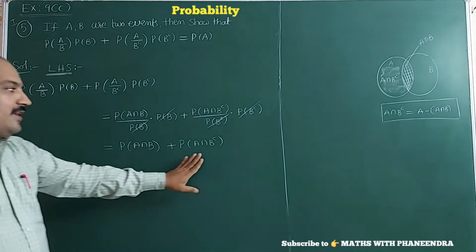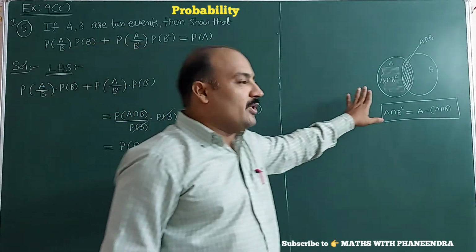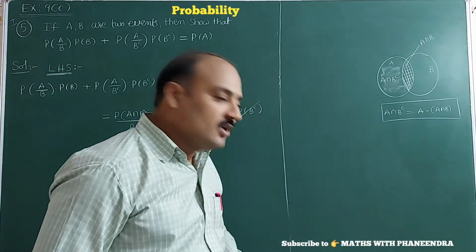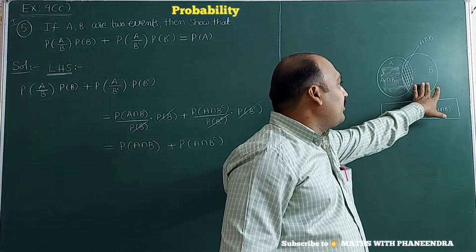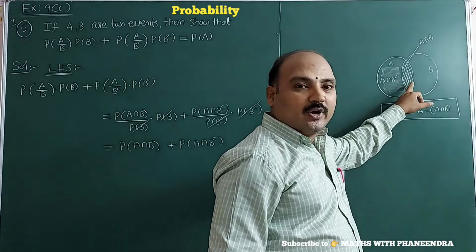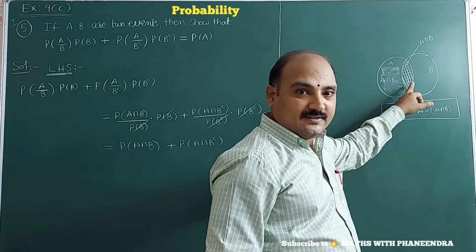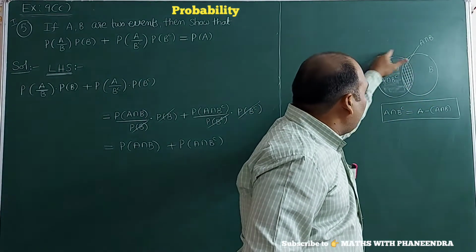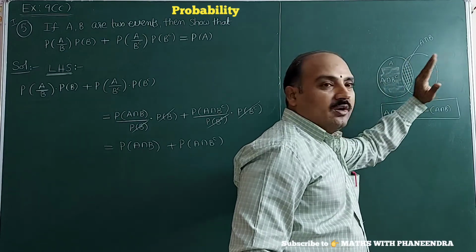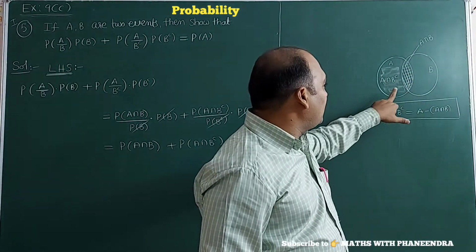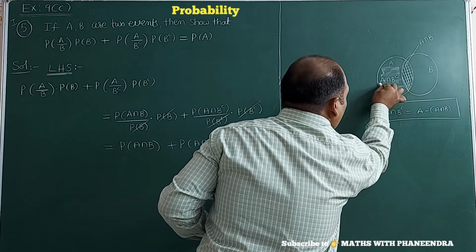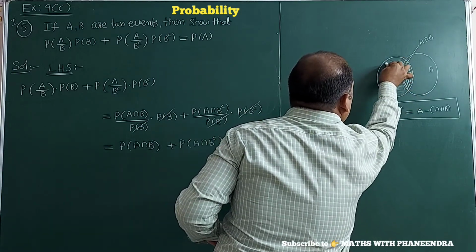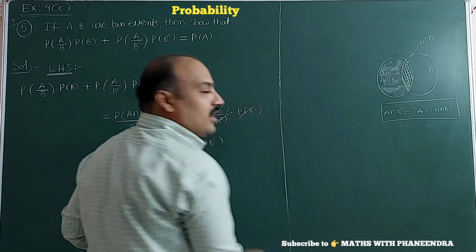So P of A intersection B complement, observe in this Venn diagram, dear students. A and B are two events in the sample space. This is the common part, A intersection B. In the event A, if you separate that A intersection B, the remaining shaded region is A intersection B complement.